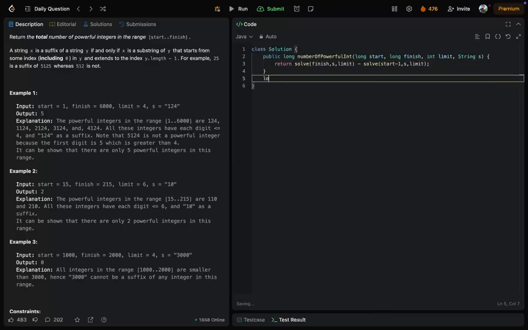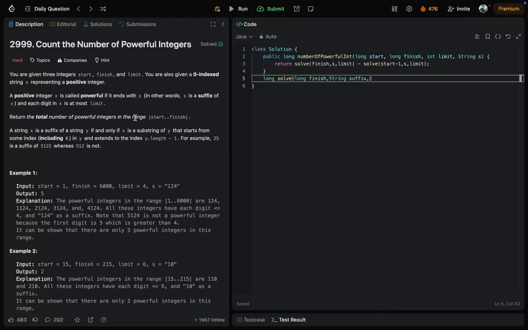I have this solve function. This is my finish on array step, right. So I first calculate till finish, and I will subtract; this is my finish point for this recursive function, right. And then I have suffix, yes, this is suffix. And I also have limit, right. Yes, I have these many things.